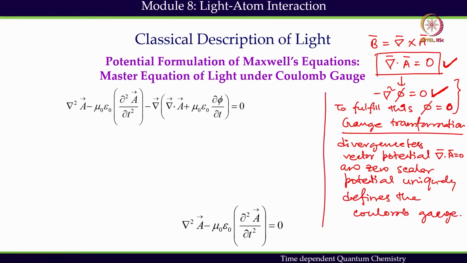So Coulomb gauge, and what is gauge? Gauge is just one pathway to solve the problem. There are many ways one can solve the problem. So this is selecting one particular pathway because that will simplify this particular problem.